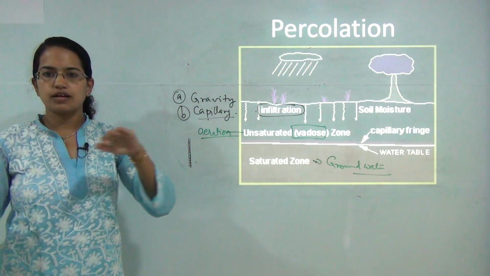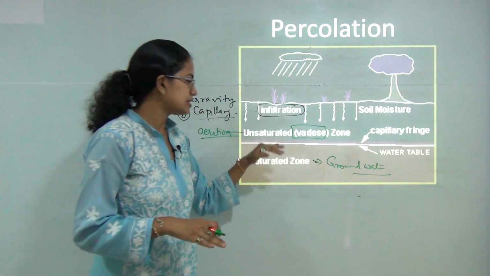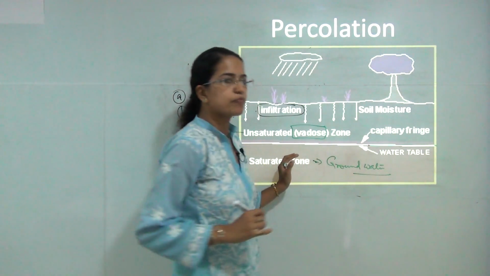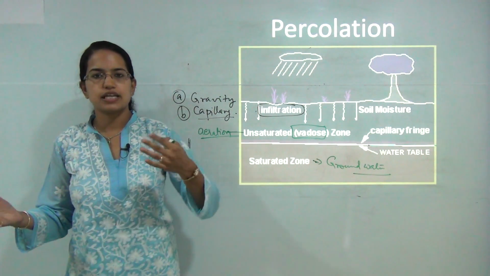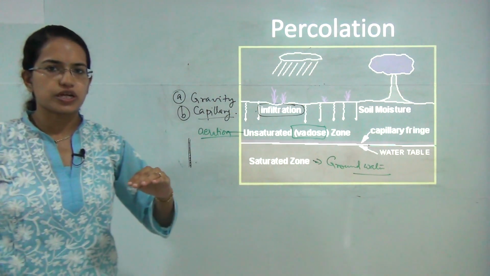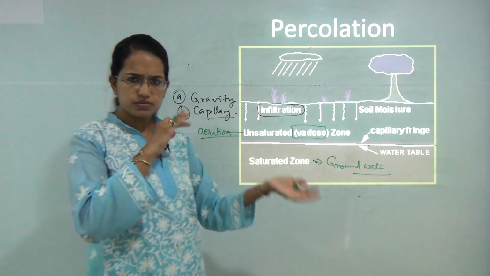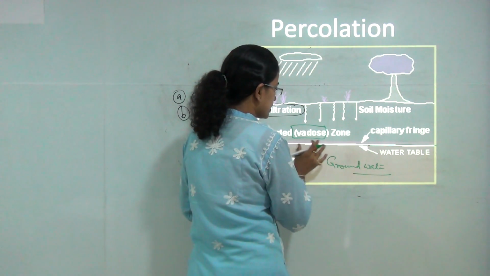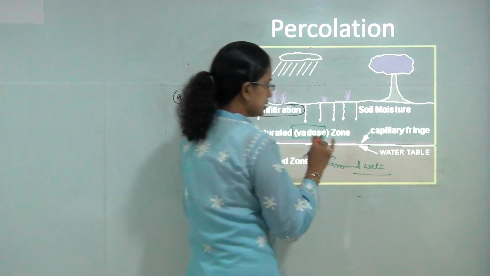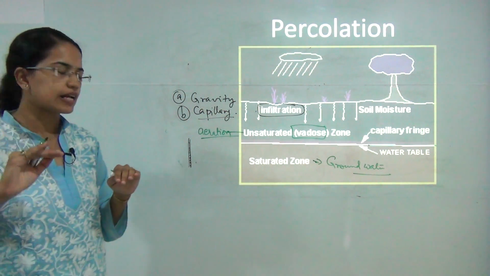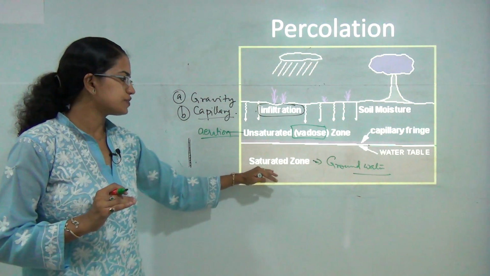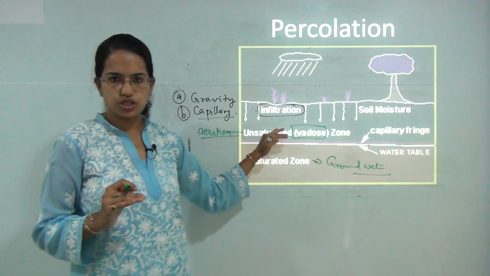The dividing section between the unsaturated and the saturated zone is known as the water table. We have often heard people saying the water table keeps on fluctuating. During the summers, the water table goes down. That is the reason we are explaining here that this line which we are demarcating as the water table shifts because of the changes in the level of saturated water and the unsaturated water.